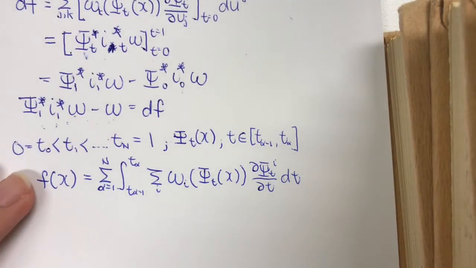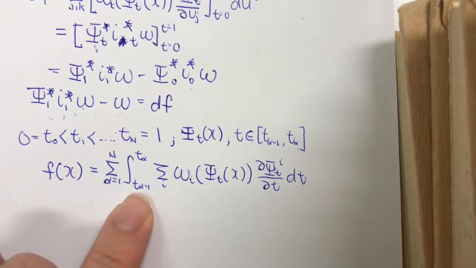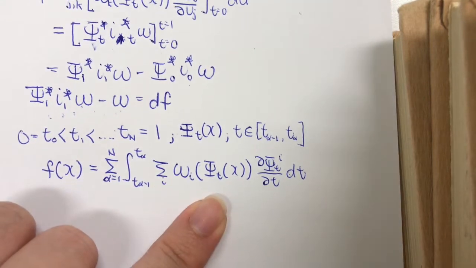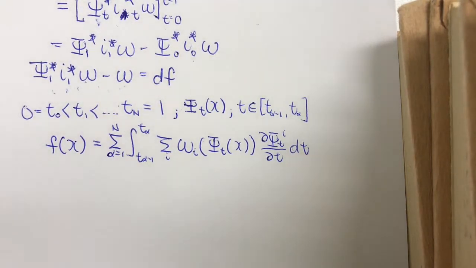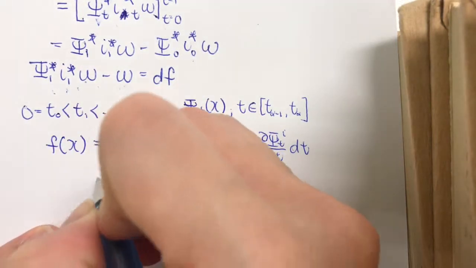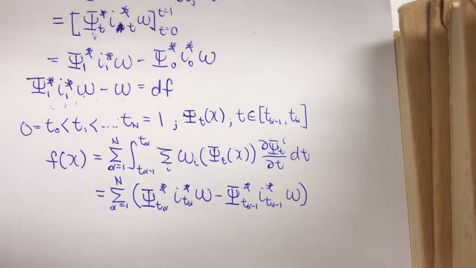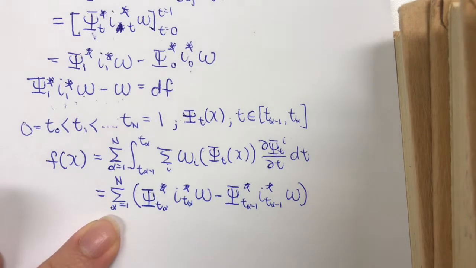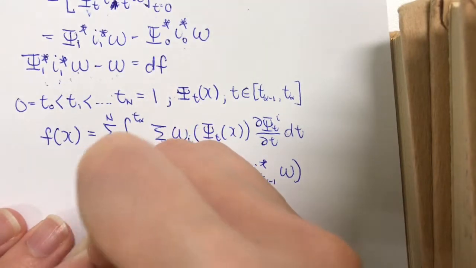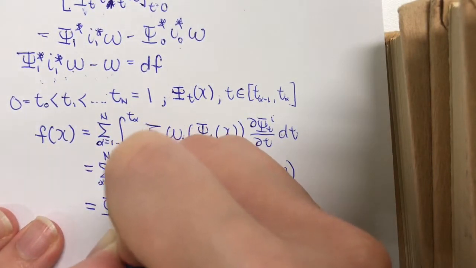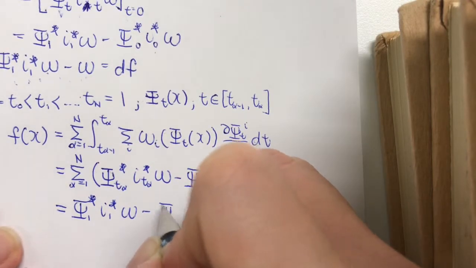We can write down this integral, since psi t in this case, between t alpha minus 1 and t alpha, is only covered by a single local coordinate chart. We can use the previous result that we obtained, and we can obtain a similar result, and performing the summation over n, we can get a similar result as before.